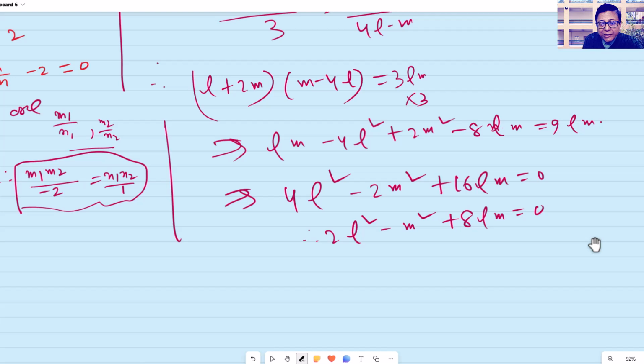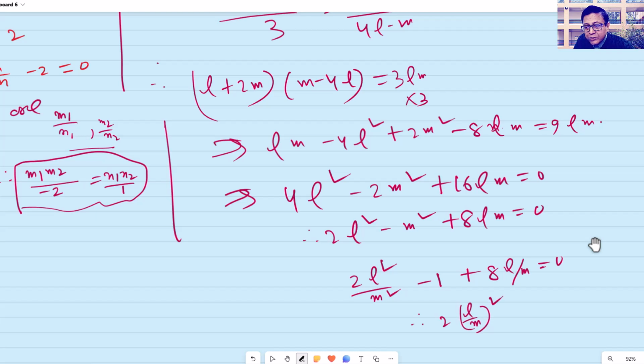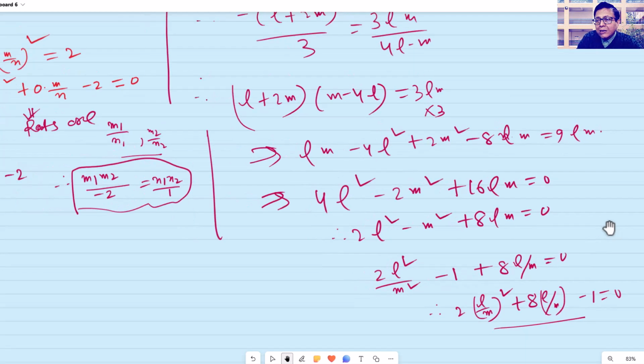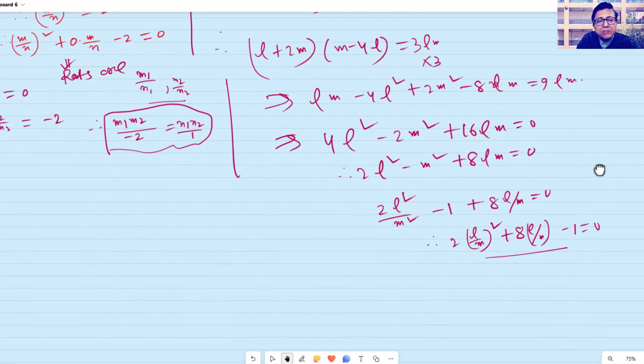Divide by m square plus, so we get 2 into L by m whole square, 8 L by m. Okay, so what are the roots of this equation?